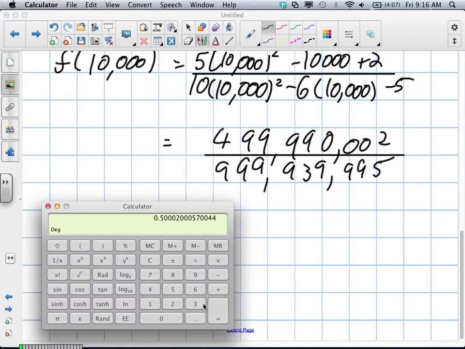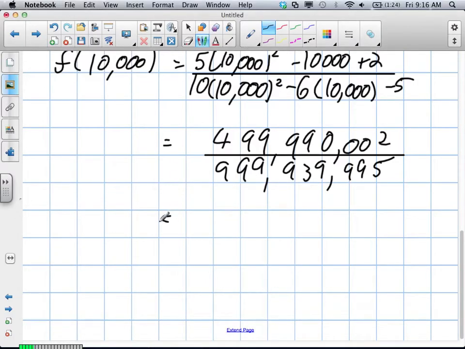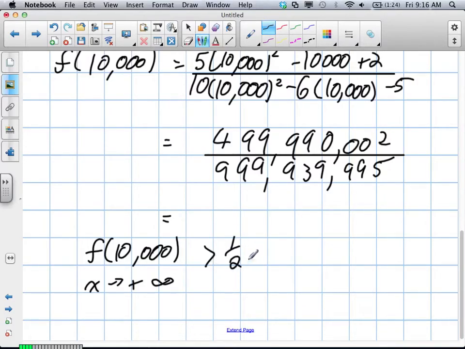Larger. It's very, very close, but it is larger. So since this value, f at positive 10,000, or as x tends to positive infinity, is larger than our half, that means our horizontal asymptote at a half is approached from above.